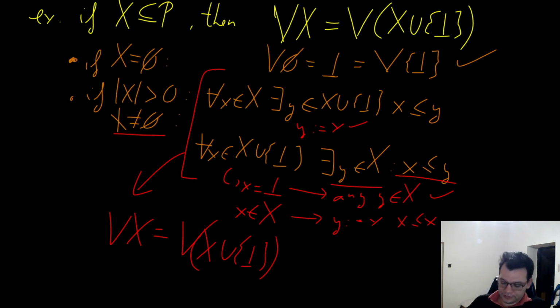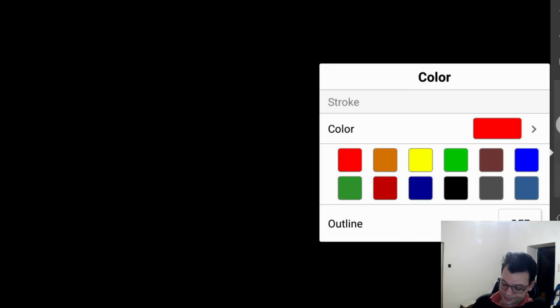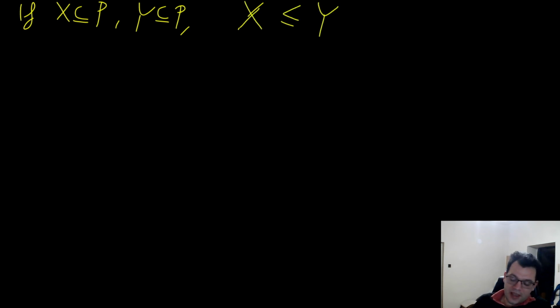And there is also another statement. If X is a subset of P and Y is also a subset of P, and X is smaller than or equal to Y. Now what does this mean?